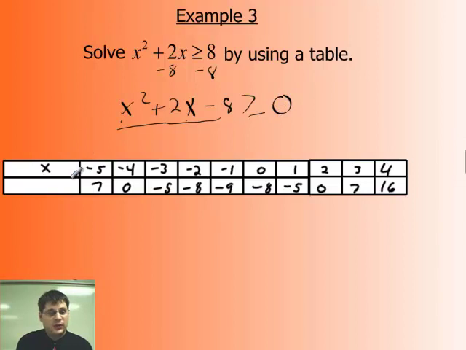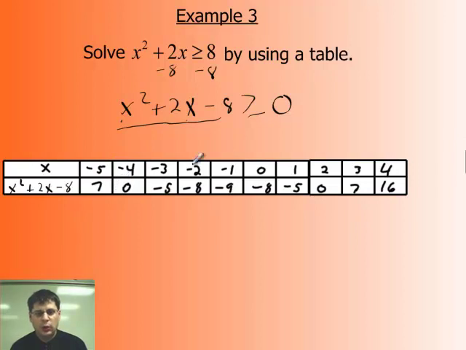I went ahead and filled out this table beforehand. The top row are the values of x, and down here are the values of x squared plus 2x minus 8, or when you substitute these values of x into here, this is the output of that.